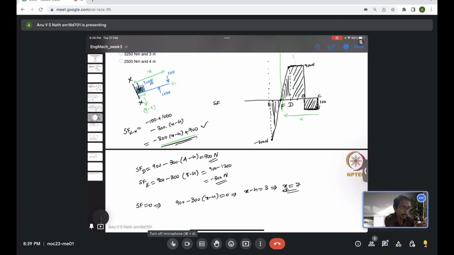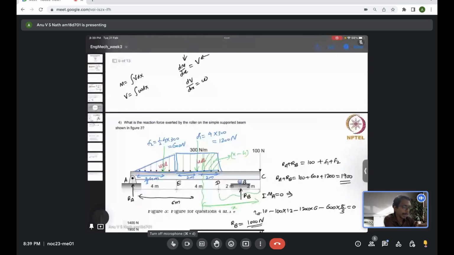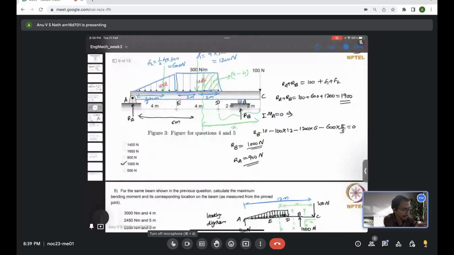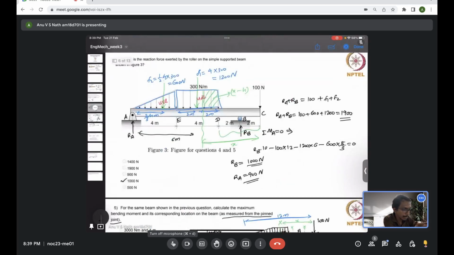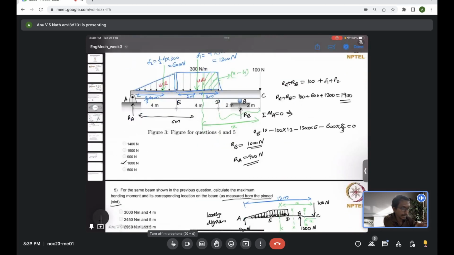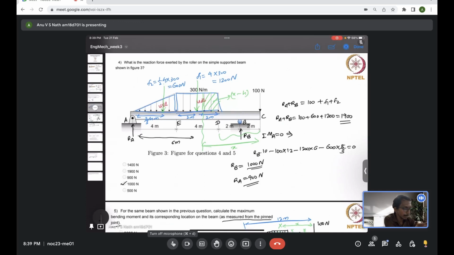But we actually want this value measured from the end A, because in the question it is asked as measured from the pinned joint, which is A. So that's basically the total length minus this length. You can see AC, which is 4 plus 4 plus 2 plus 2, is 12.